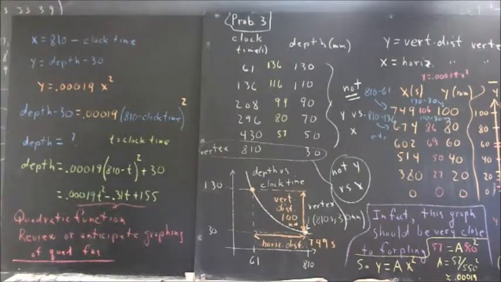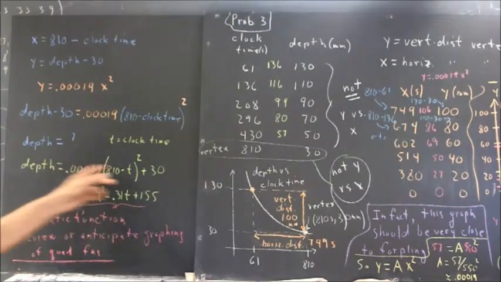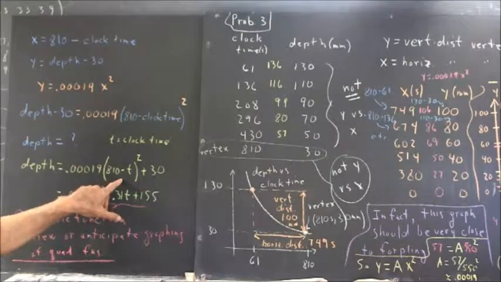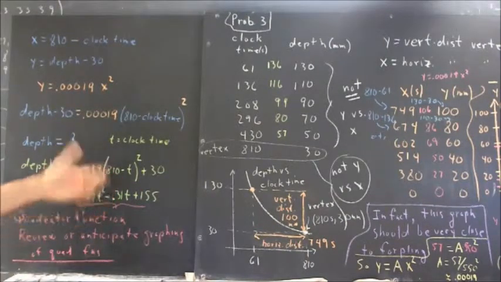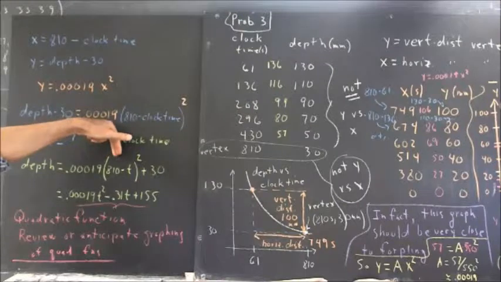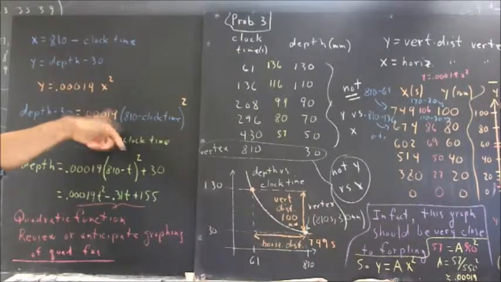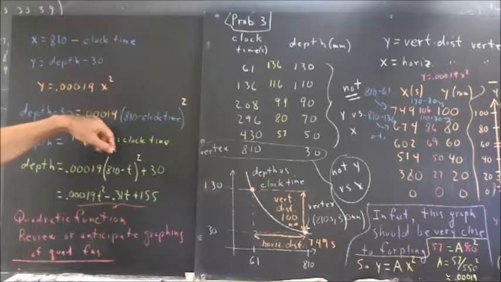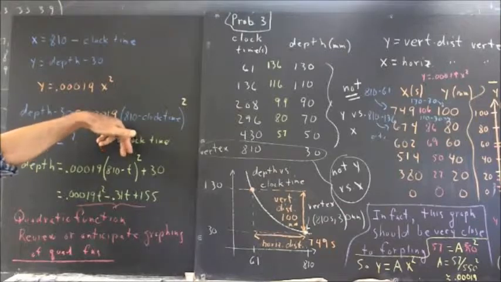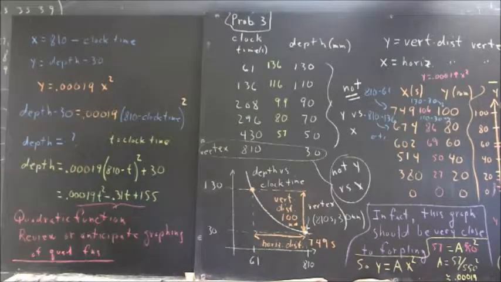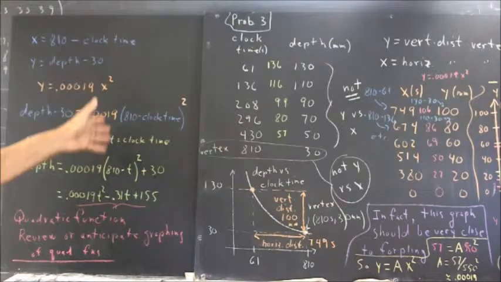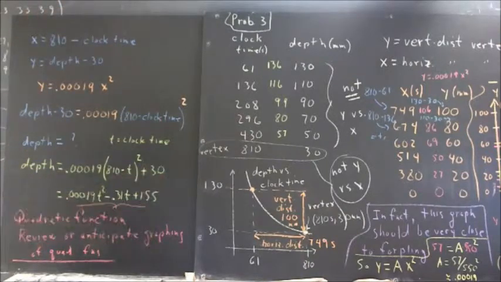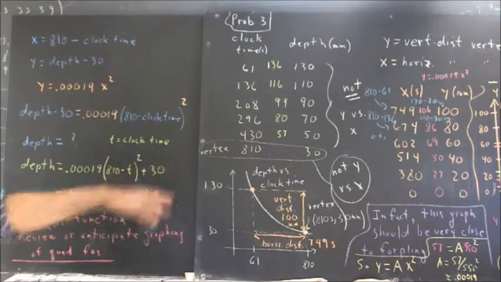Okay? So, if I expand this square, you're just going to get t squared minus 2 times 810, that's minus 1620t, plus 810 squared, and multiply that by 0.00019, and then collect your terms.